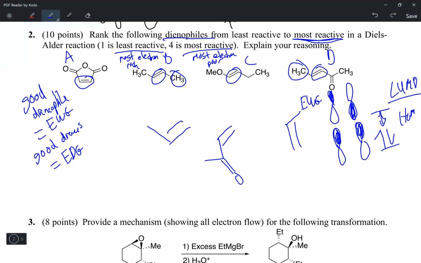If you remember from Orgo 1, alkyl groups have a property called hyperconjugation, which is essentially the sigma orbitals donating electron density into p orbitals.